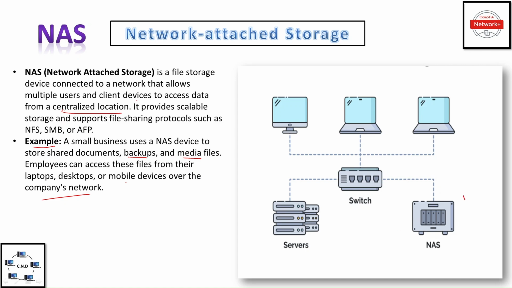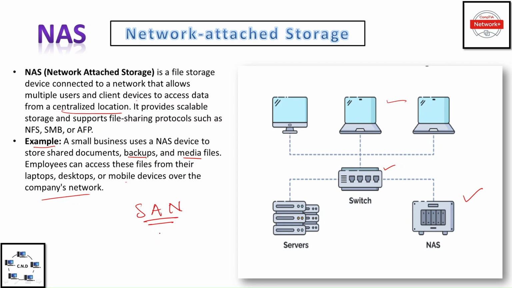So this is the NAS storage, and it is accessible to all the clients or servers over the network through this switch. So remember, there is also another type of storage network, that is SAN, storage area network. So what is the difference between SAN and NAS, and which one is better? The SAN is basically the better one, the faster one.